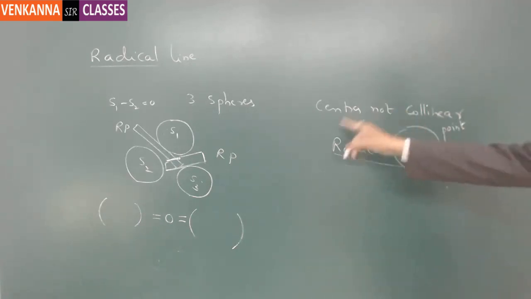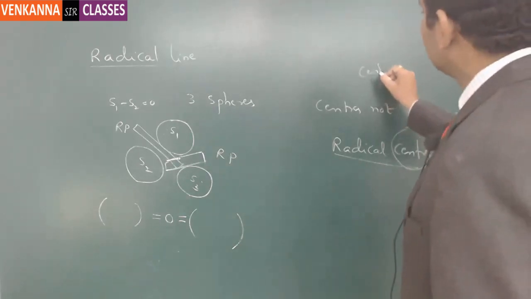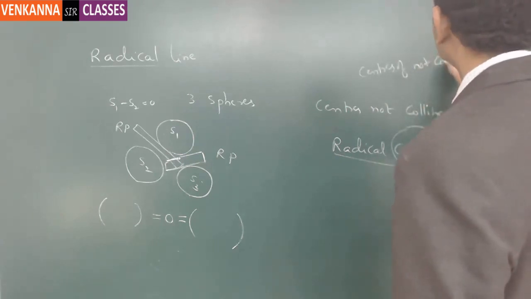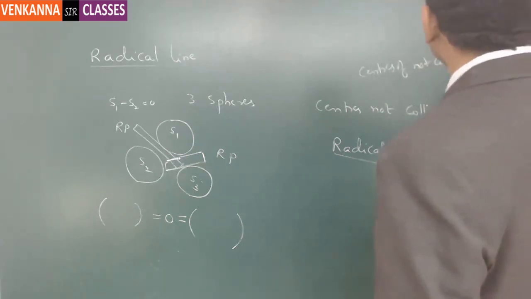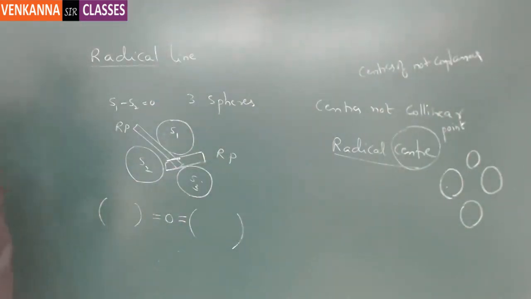So in order to determine the radical center, you have to take four spheres. The centers are not coplanar. That means the centers of the four spheres should not belong to a single plane.